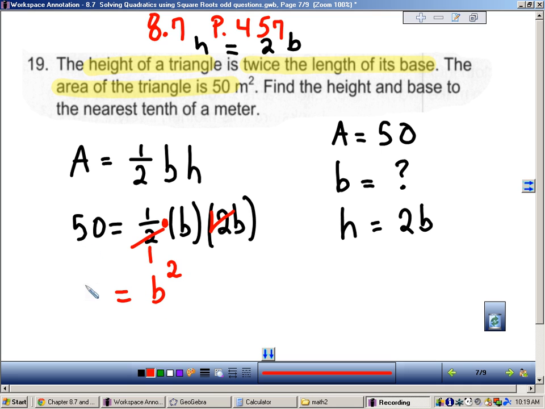And it equals 50. Now what I like to do is I always like to write the variable on the left side, constant on the right side, so I'm going to switch this. So let's solve this using square roots.